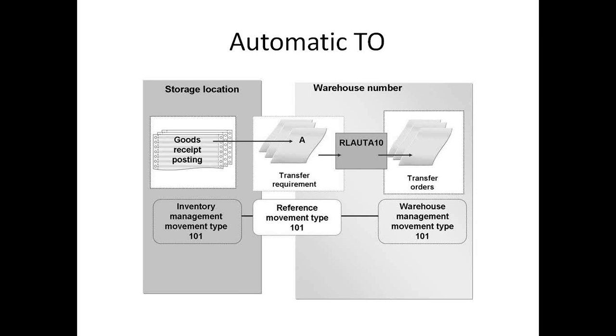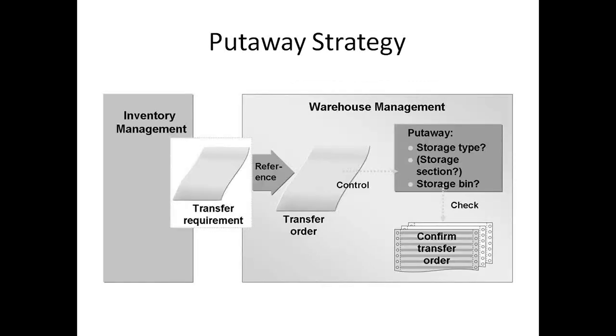And as I said, we have different strategies: put away strategy and picking strategy. Normally, whenever we procure any material, we have to place it in a particular storage bin. We can do it manually: create a TR and a TO manually, and in that TO mention which storage type, which storage section, and which storage bin it has to be updated in the system.